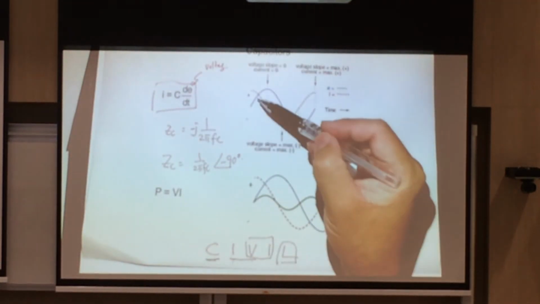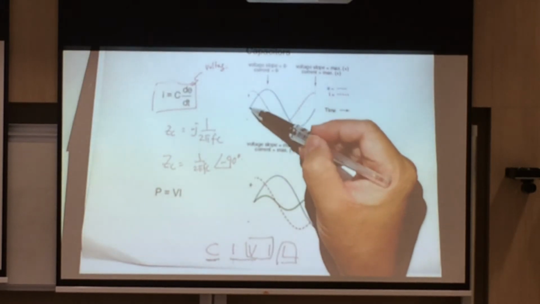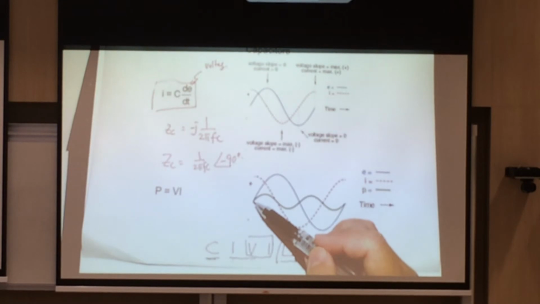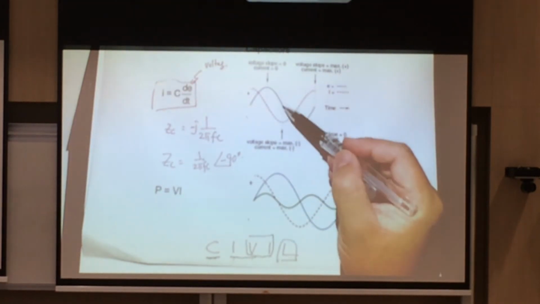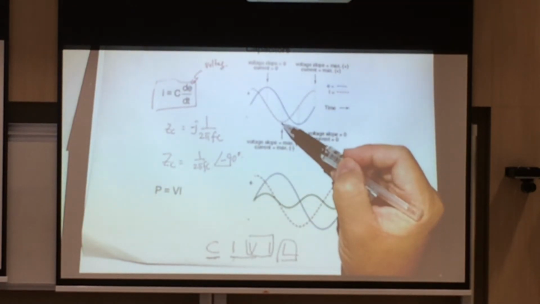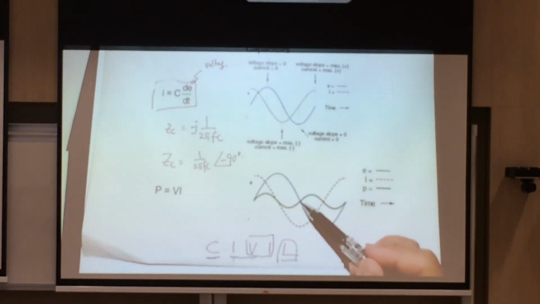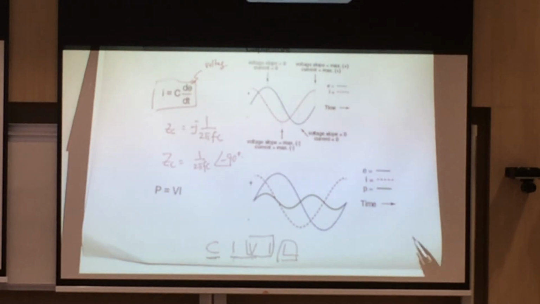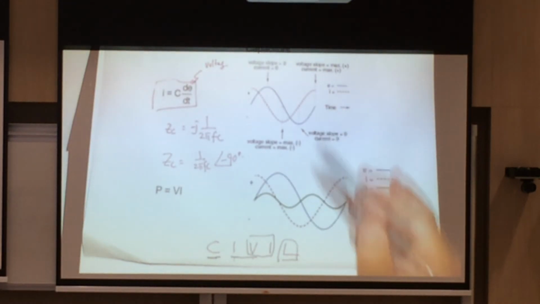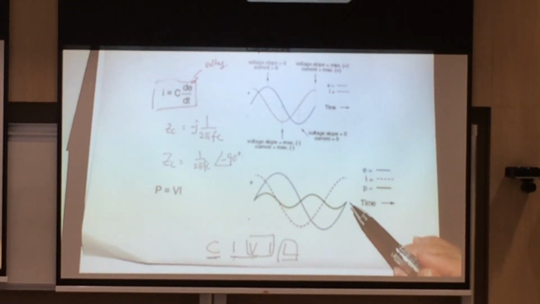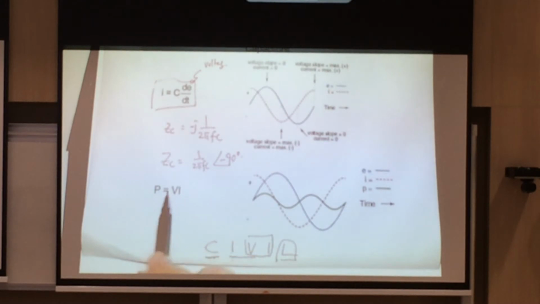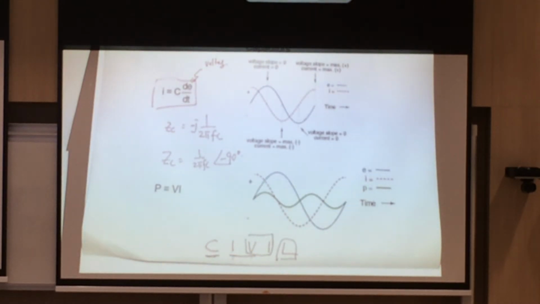To get your power, imagine big times small gives me small. Big times 0 gives me 0, right? Agree? And at this point, some value times 0 also gives me 0. Somewhere in between will be something like that. That's all. I don't think you need to sketch all these things. But what is important is you need to know this.